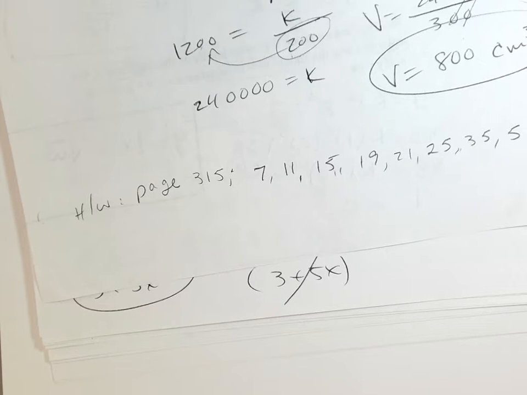X equals 3, z equals 5, w equals 6, and y equals 10. Okay, well, 10 equals k times 3 times 5 divided by 6. I'm going to get 60 equals 15k. K is 4. Did I go too fast on that? K is 4.